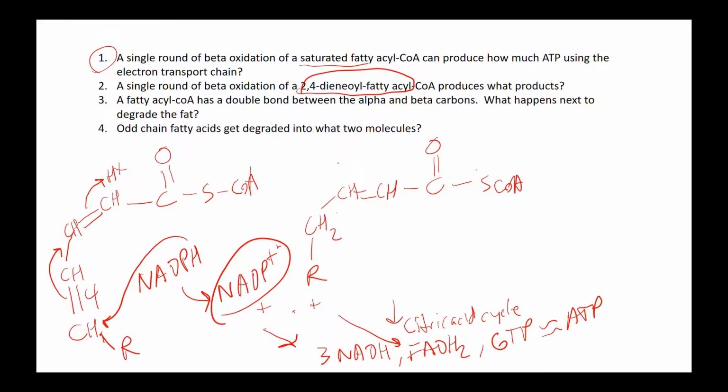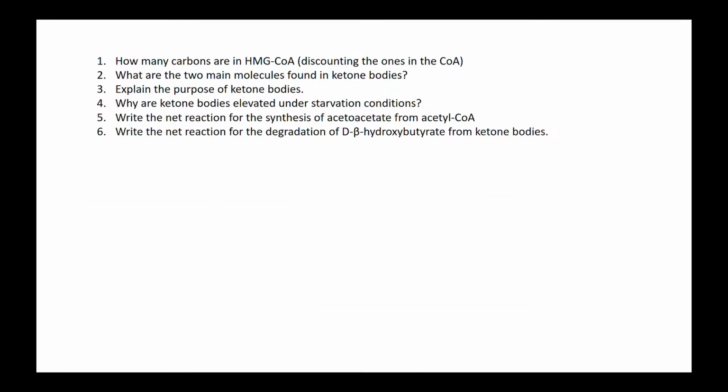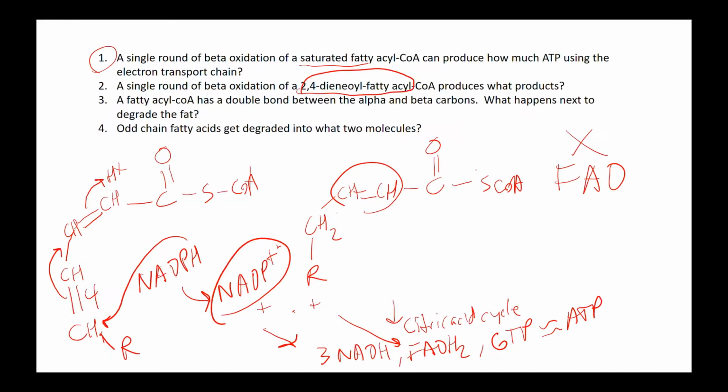Now at this point, we already have our alkene in the proper position there, so we're not going to use FAD. Now we're ready to just do everything else. So we don't get FADH2 as a product. So no FAD is being used here. Instead we would hydrate this, and then we would oxidize that, producing NADH.